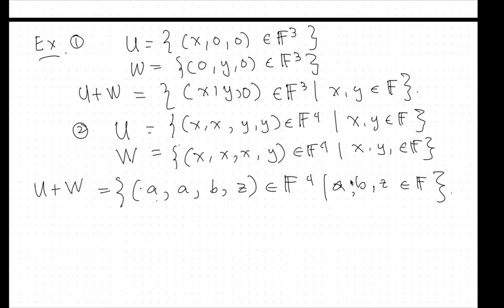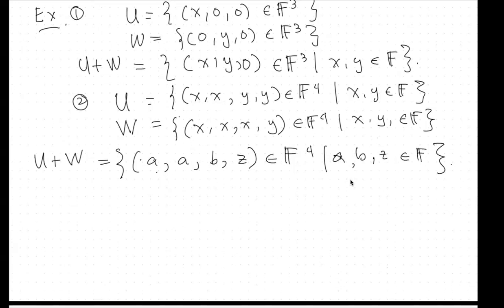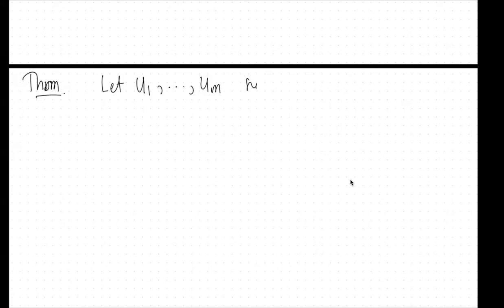Now we will have a theorem on not just subsets but subspaces. Theorem. Now instead of subsets, let us have U1 up to Um subspaces of our vector space V. Then what is the result here?